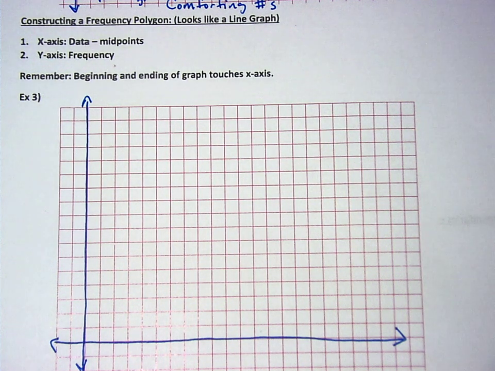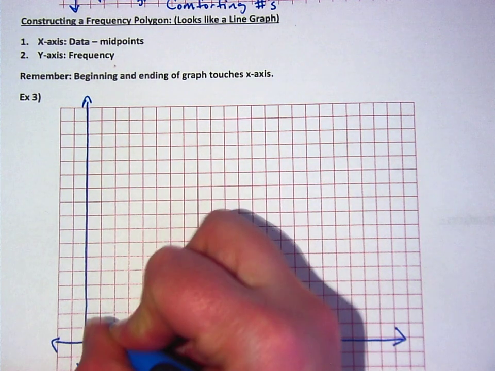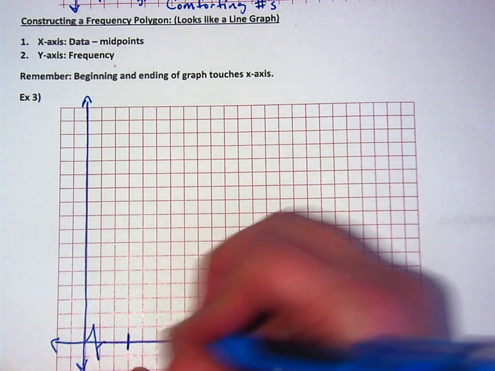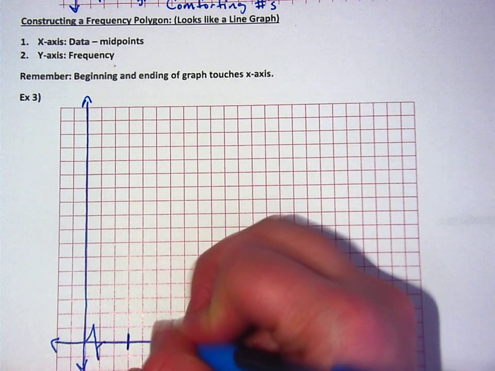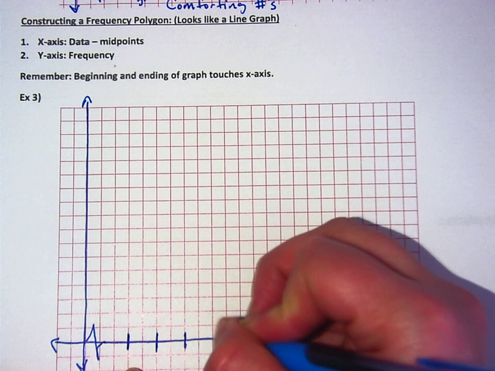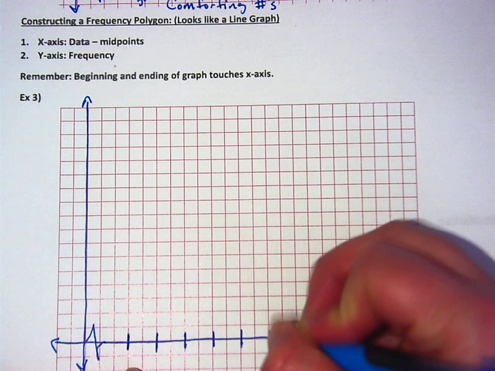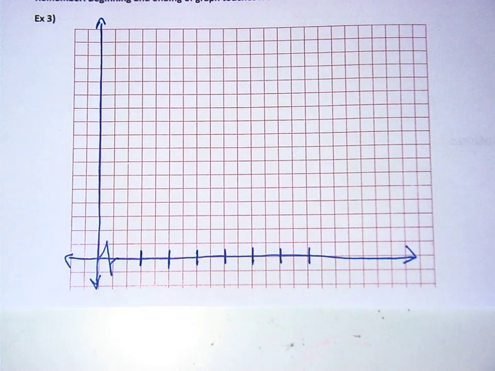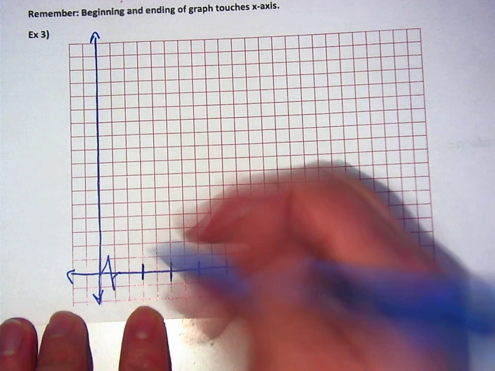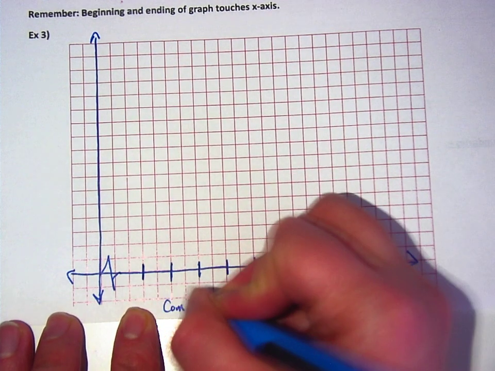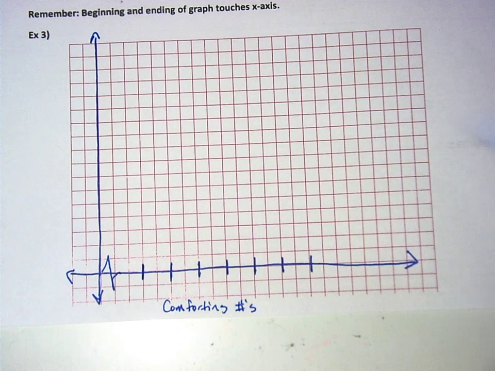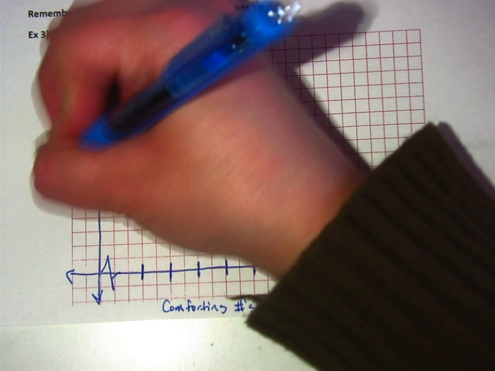Okay, so you go one before the first midpoint and one after the last midpoint. So let's see, 1, make them smaller this time, 2, 3, 4, 5, 6, 7. These are our class numbers. Over here, we've still got frequency.